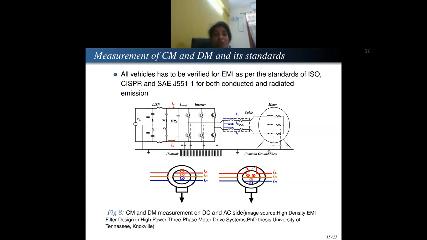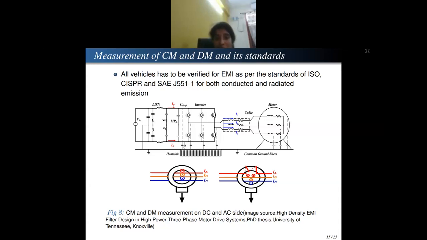It won't allow any noise coming from the source side, and it will make sure the noise is measured only from your own system. The effect of line impedance will not be there for your system. Say you have a grid impedance, you have other line impedances which affect the measurement if you are not using this. The main purpose of the line impedance stabilization network is you measure what is actually emitted by the particular system.